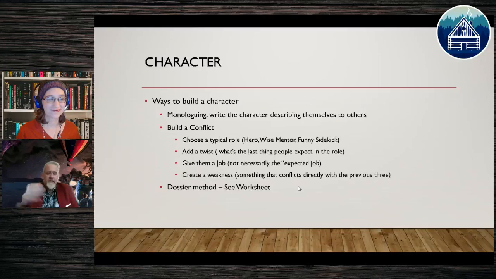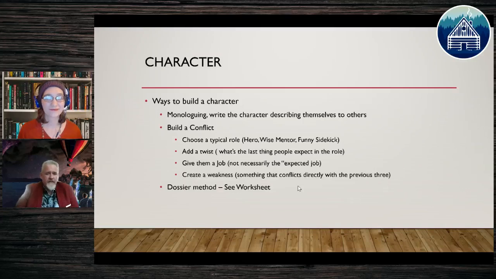Or the switch is you've got the hero, but they're afraid of something they're not expected to be, and that's the weakness you could give them. The other thing is not necessarily the expected job, right? You could have someone who's the wise mentor.